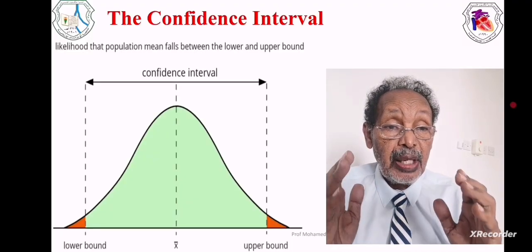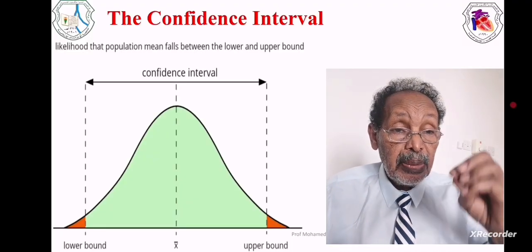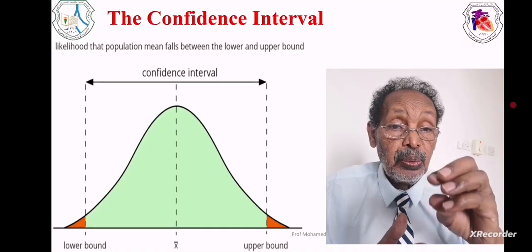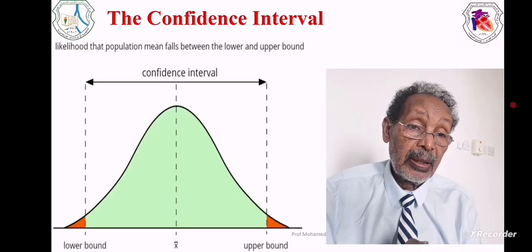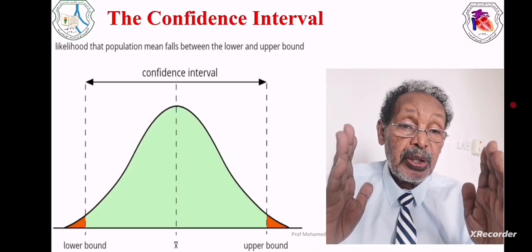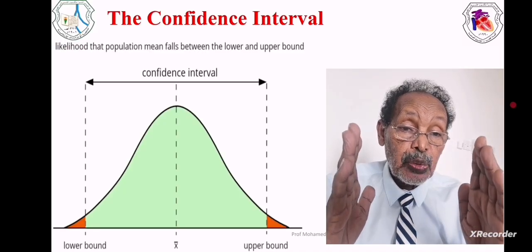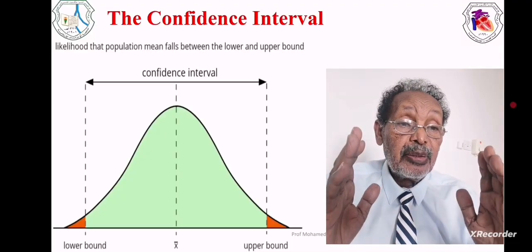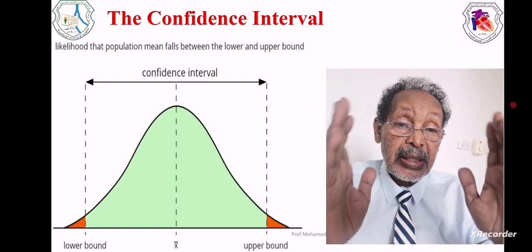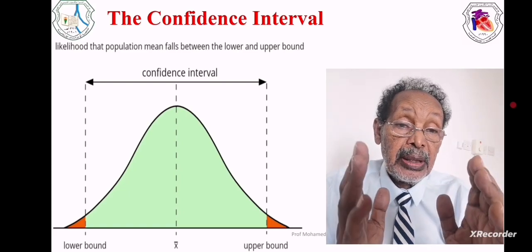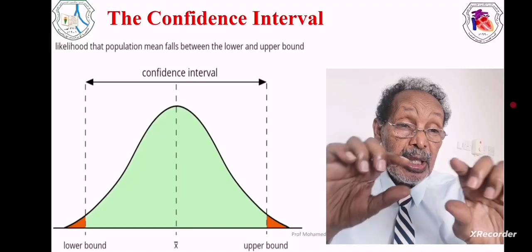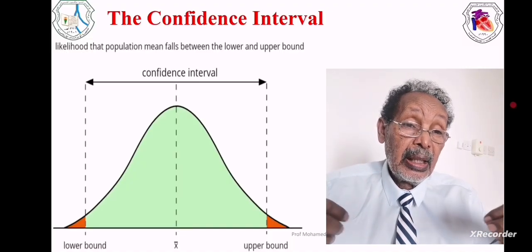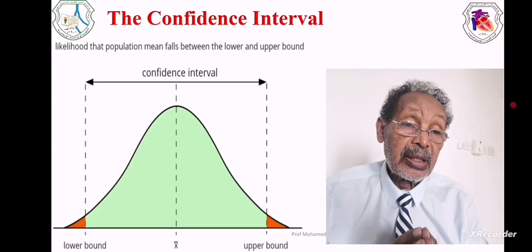When we speak about a 95% confidence interval, it means the mean of the population lies within the limits, the bounds of the confidence interval, with 95% of the estimates of the data lying around the mean in the same range, and only 5% lies outside these limits.